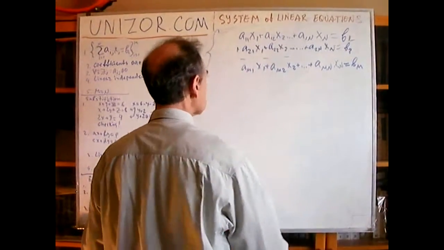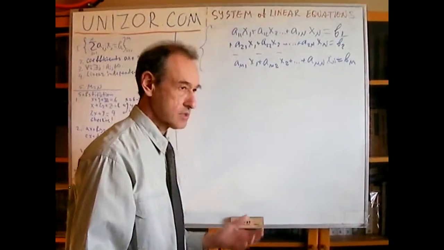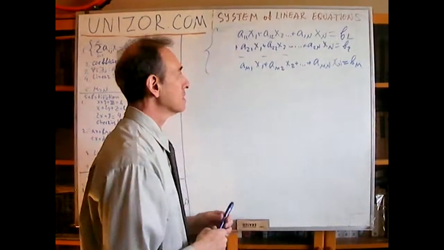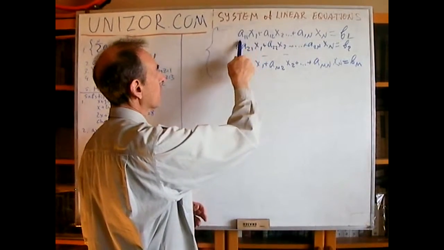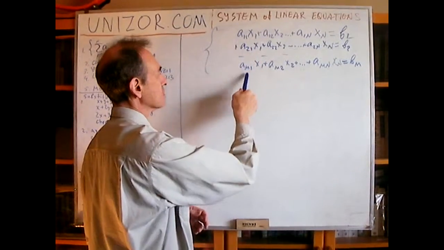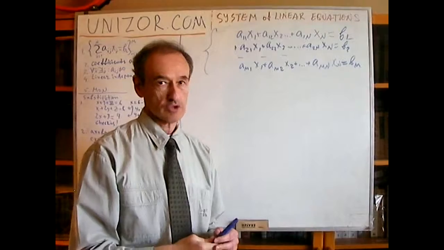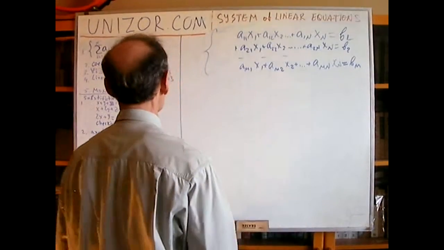Linearly independent in more strict sense of this word means that I should not have a linear combination of some equations to be equal to some other equation. Basically, that's what it means.